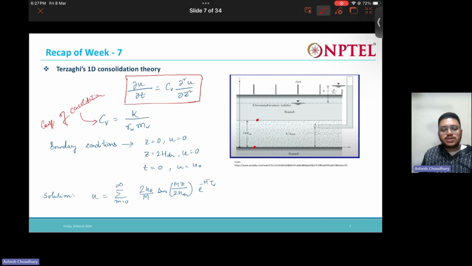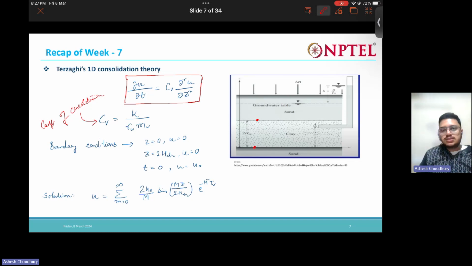That's why we are saying that at those points the pore water pressure is 0. And one more condition is that when the time is 0, the pore water pressure that exists all over the soil layer is u naught, that is, at t equal to 0, u is equal to u0.